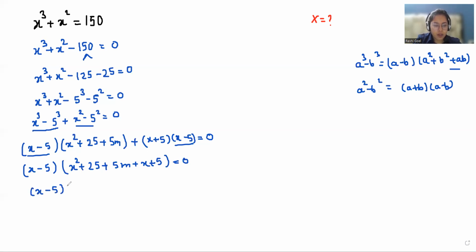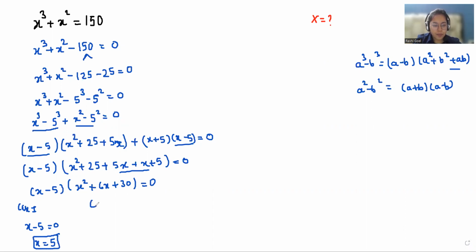So (x minus 5) will solve this. x square, 5x, 5x plus x is 6x, plus 30 is equal to 0. Now we have two cases. Case 1, when x minus 5 is equal to 0, so x is equal to 5.